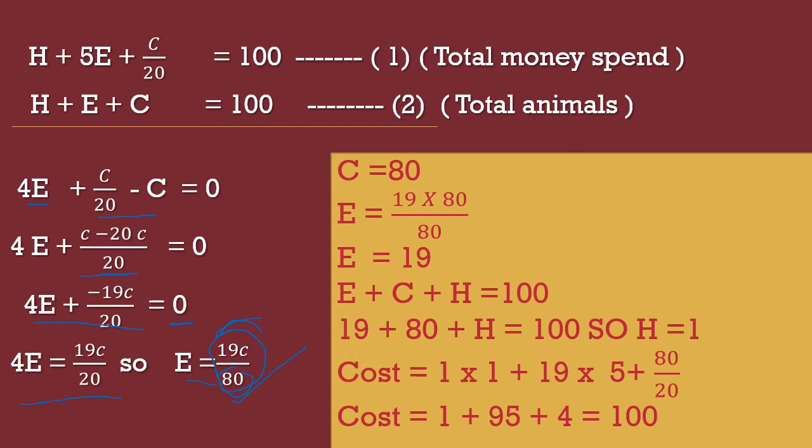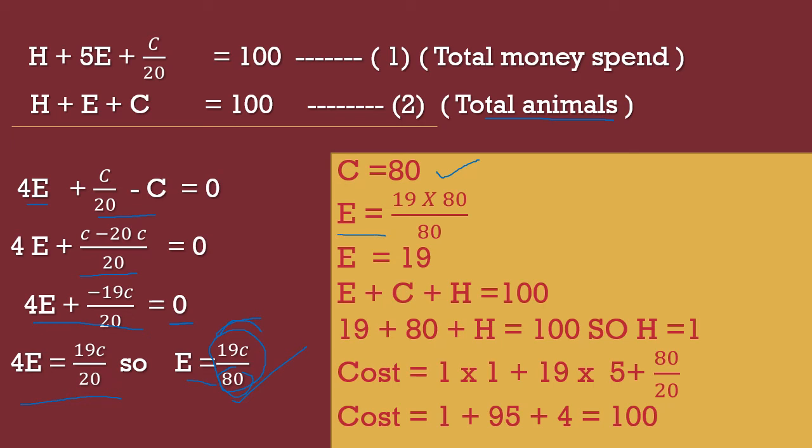Our condition is that the total number of animals should be 100. So the only possibility is that C has the value 80. The number of camels also cannot be a fraction. So we take the number of camels as 80.